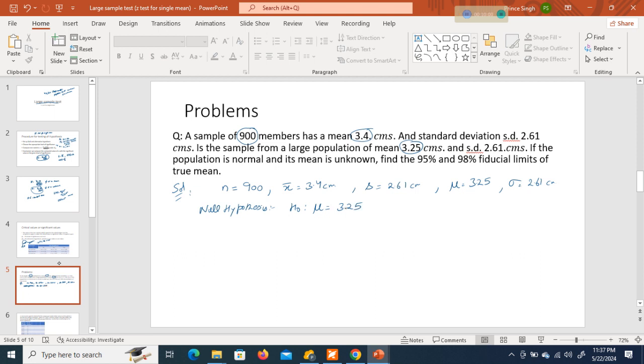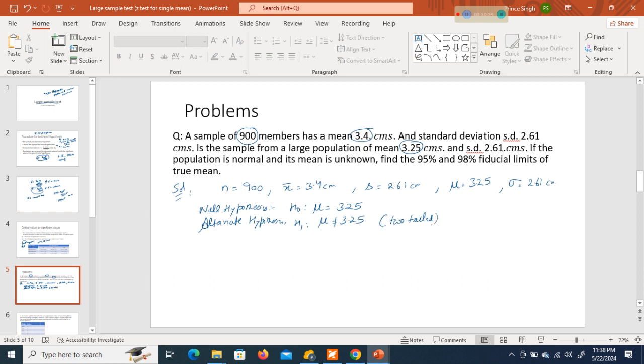So this is our null hypothesis. What about the alternate hypothesis? The alternate hypothesis is that this sample has been drawn from a population whose mean is not equal to 3.25. Okay, means we are going to test here a two-tailed alternative.